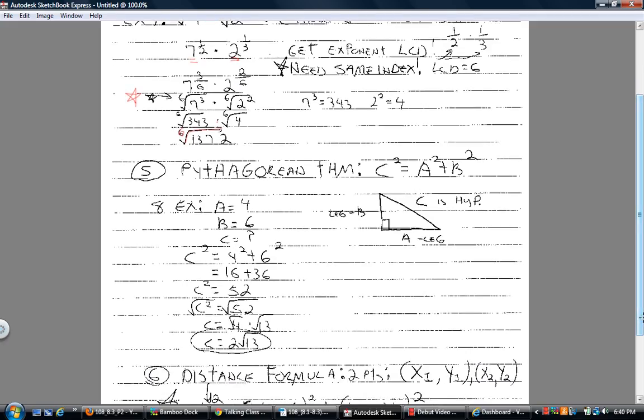Now example 5 here, Pythagorean theorem. This is just a quick review. It says that first you have a right triangle. You've got 2 legs, leg A, leg B, and the hypotenuse is always the side opposite the 90 degrees. You must identify the hypotenuse. Pythagoras was the famous Greek mathematician. He gets credit for this. I think the Egyptians were using it from what I've read.